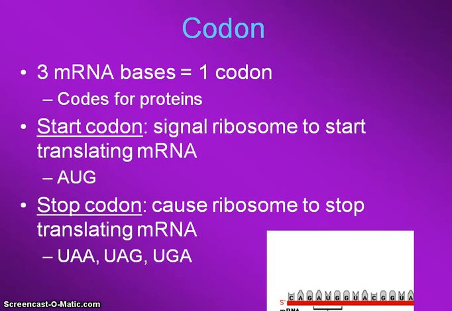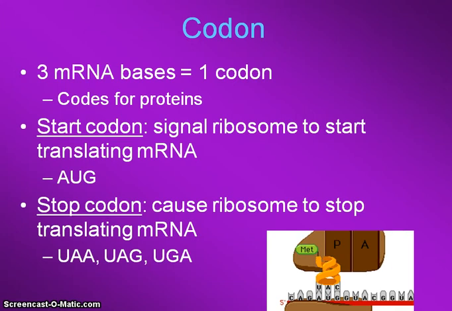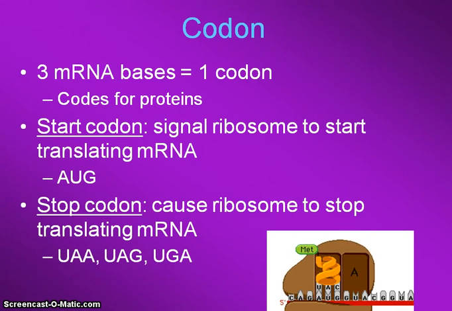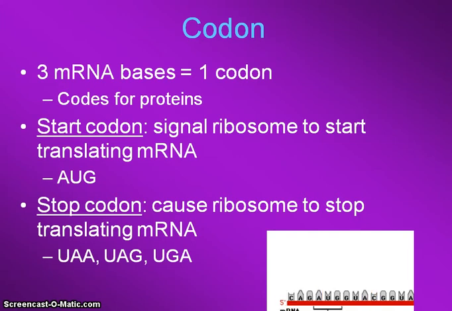A codon refers to 3 mRNA bases in a row. Okay, that is called a codon. So they code for proteins. The start codon is the one that has to start this whole process. So it's actually 3 in a row of A, U, and G. So A, U, G in a row is a start codon, and that will signal the ribosome to start translating the mRNA molecule.